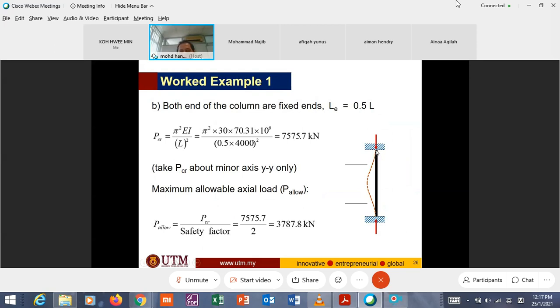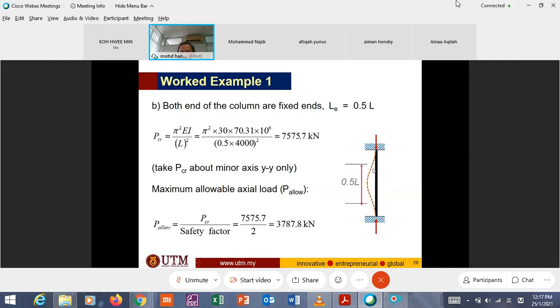Imagine that you hold it rigidly in your hand. It will not be allowed to deflect. So the angle of deflection here is 0 until it reaches a certain point where it starts to deflect, and this is called 0.5 L.